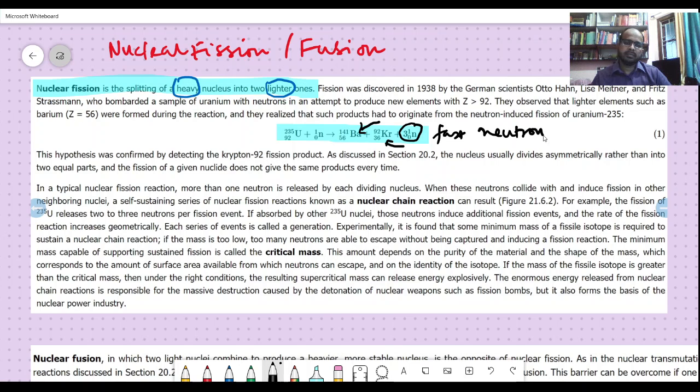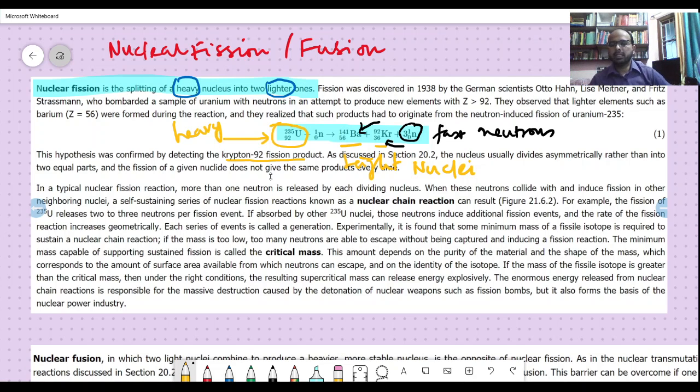This is a heavy nucleus because it has a very high atomic weight, and these are all light nuclides. By nuclide, we also mean an atom. Uranium has been converted into barium and krypton. Barium has atomic number 56, krypton has atomic number 36, and this was first detected in a krypton-92 fission product.